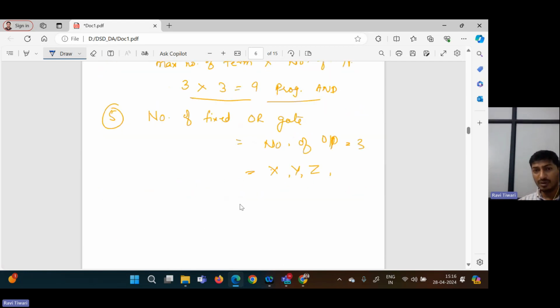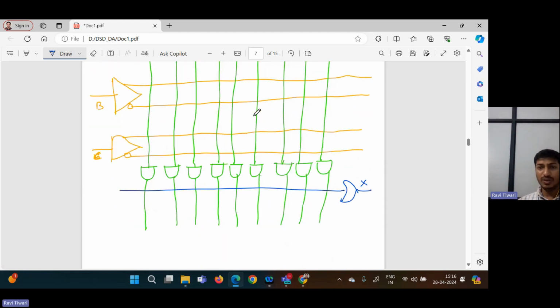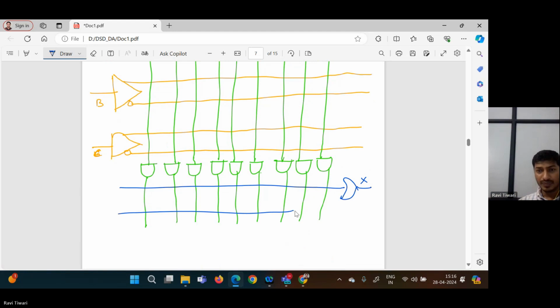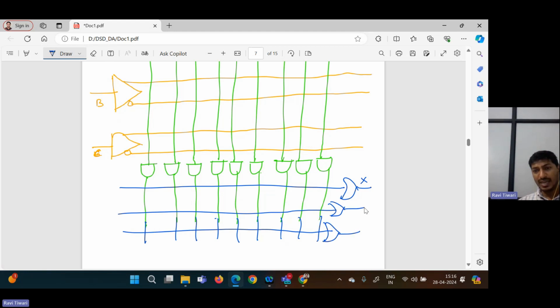We calculated the number of OR gates are 3. So here we have to draw the 3 OR gates: 1, 2, and similarly you extend this one for the 3. That will indicate X, Y, and Z.